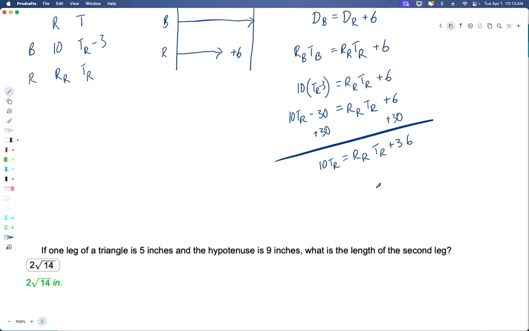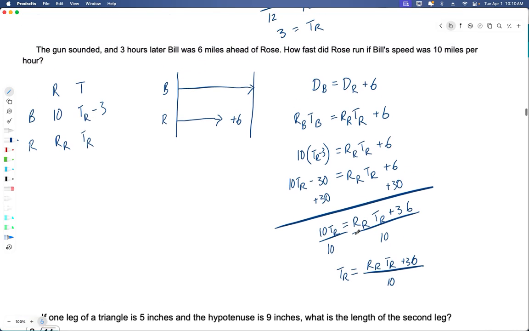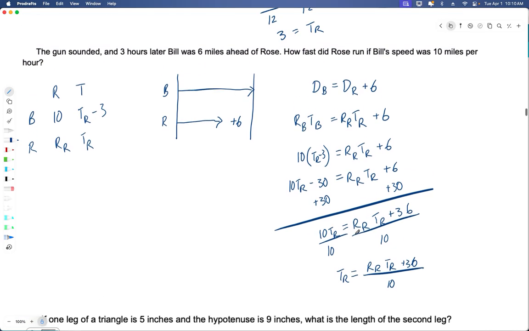I am going to divide both sides by 10, I think, to find the value of TR. So TR is equal to the rate and the time plus 36, divided by 10. So that's what we have. That's all I can discover based on the information that we have been given.